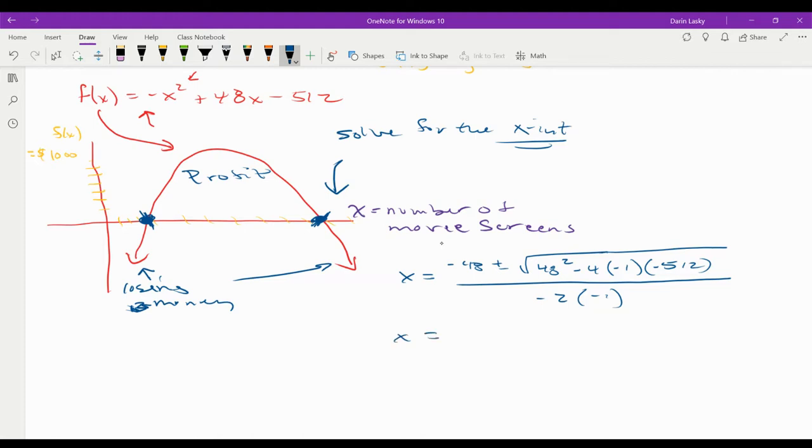We've got to clean that whole thing up, and 48 squared is a really big number.